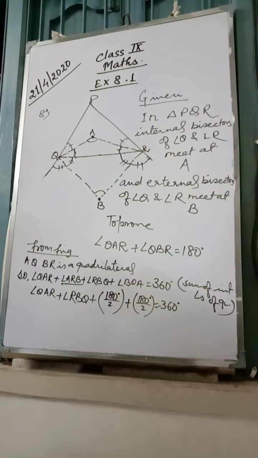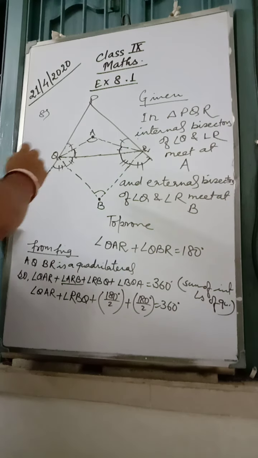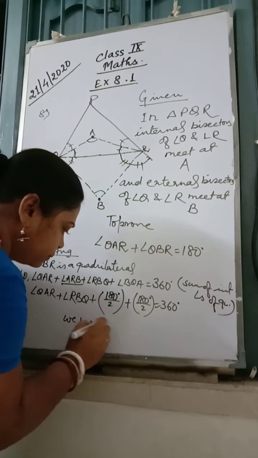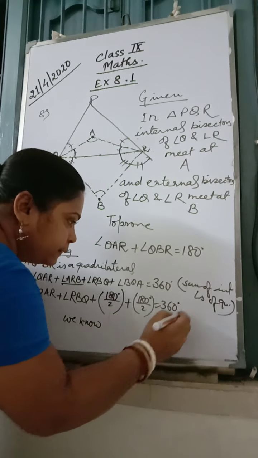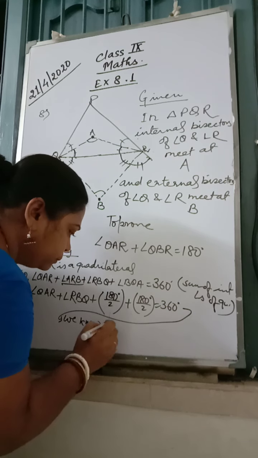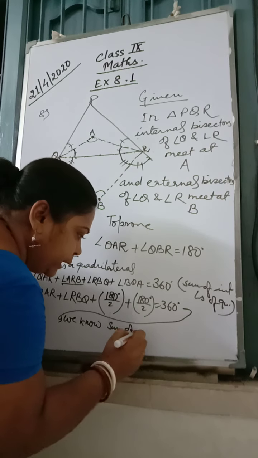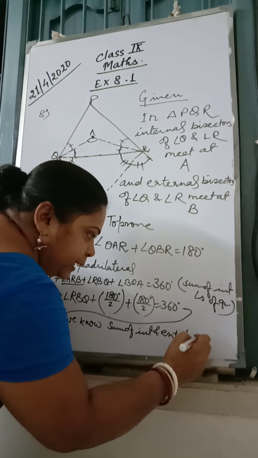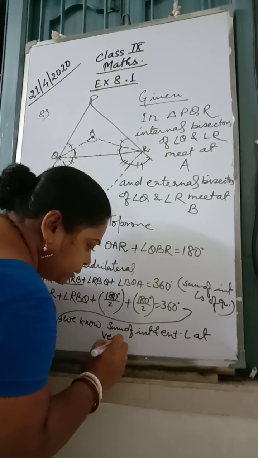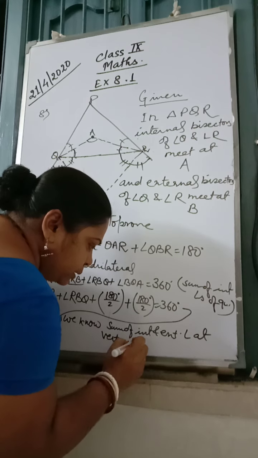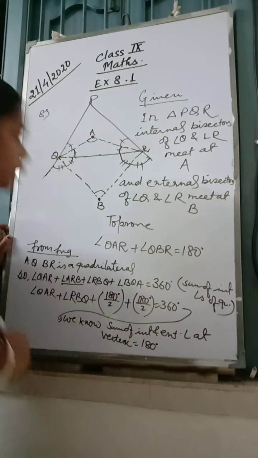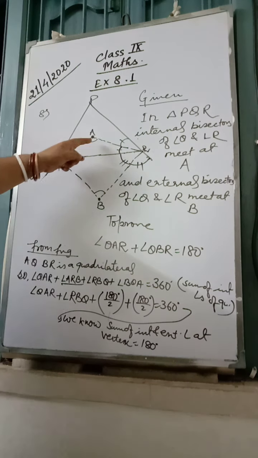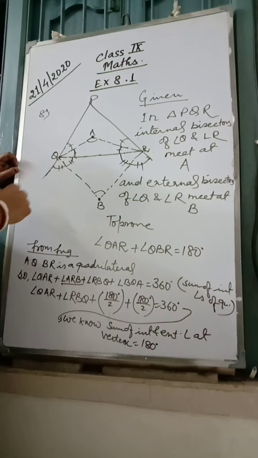Why is it written? The reason is, we know the sum of interior and exterior angle at a vertex is 180 degree. Now we have bisectors, so it will be 180 by 2. Up also I have a bisector, down also I have a bisector.